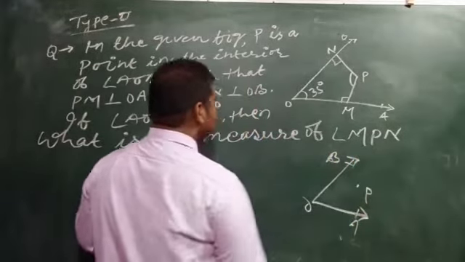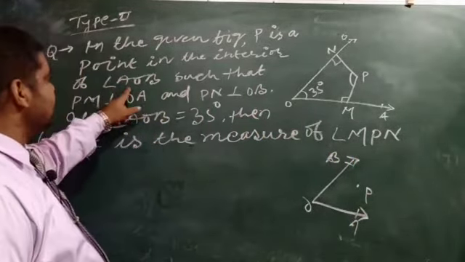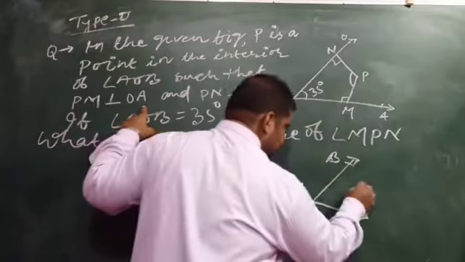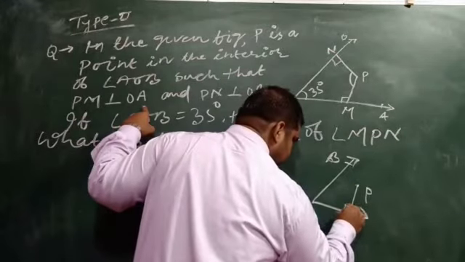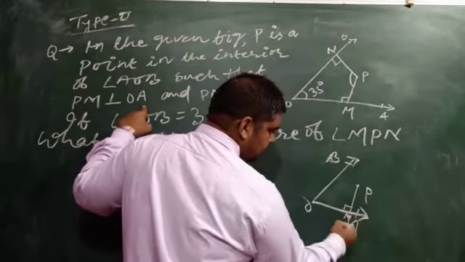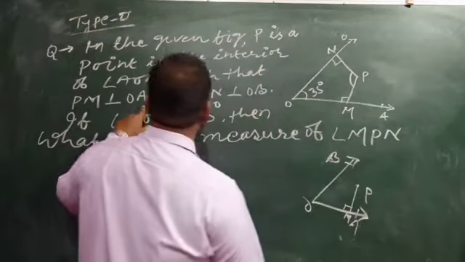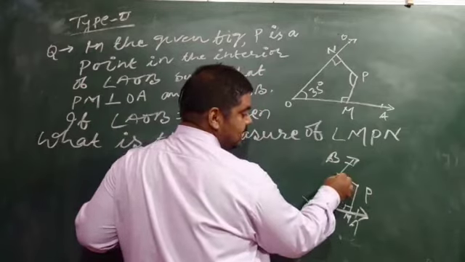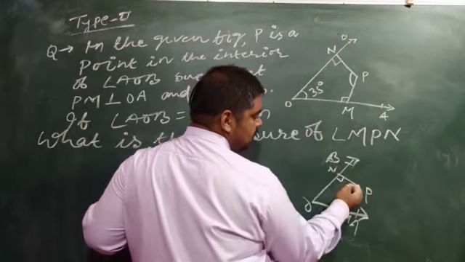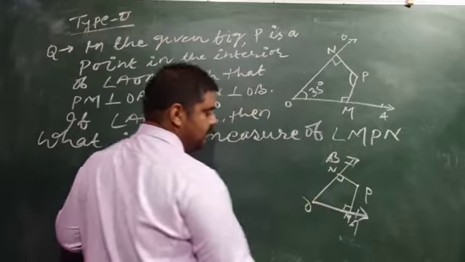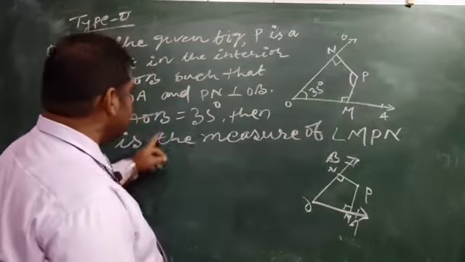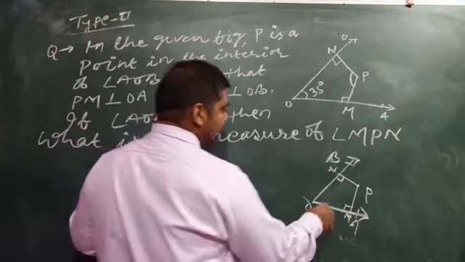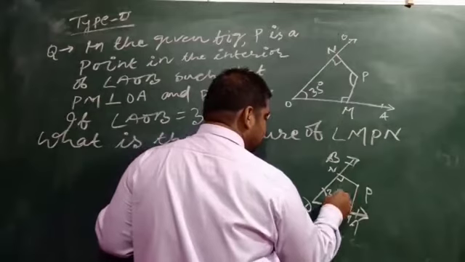It is also given that you have to draw a perpendicular PM on OA, and again PN is perpendicular. Perpendicular means 90 degree, and you have to draw PN perpendicular on AB. One more piece of information is given in the question: angle AOB is 35 degree.